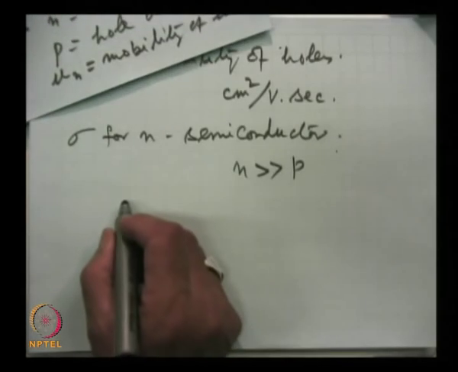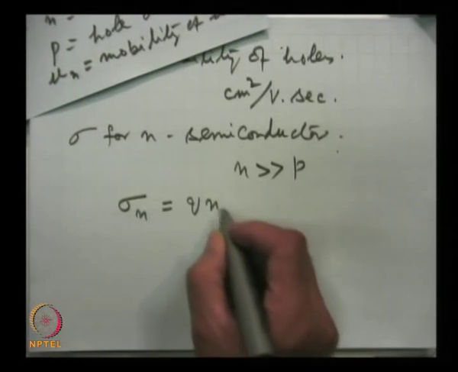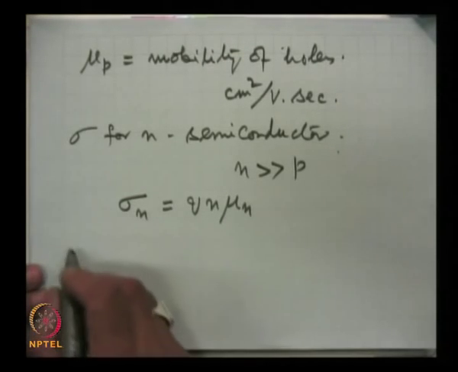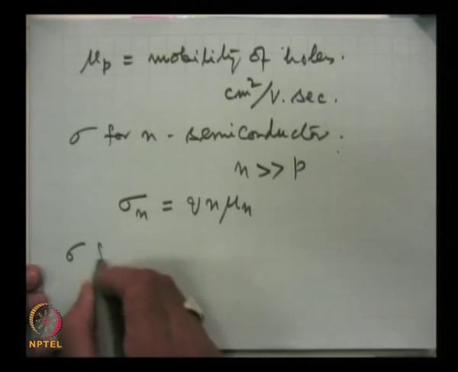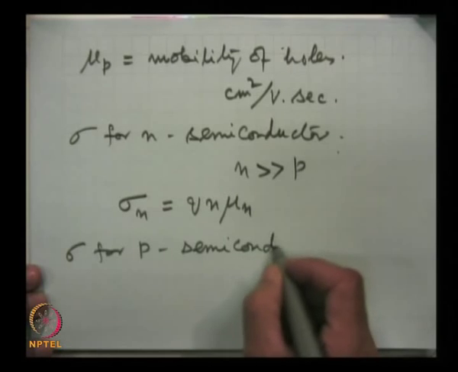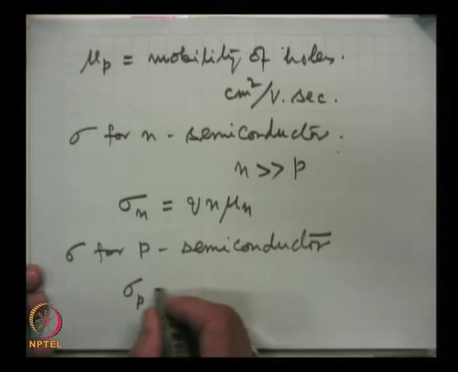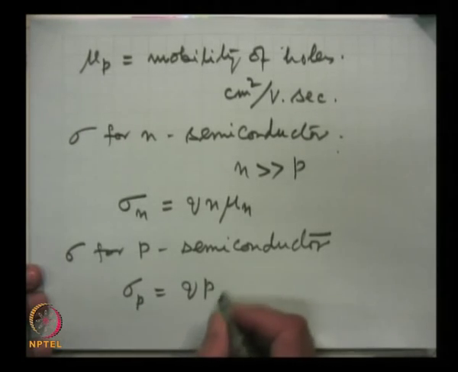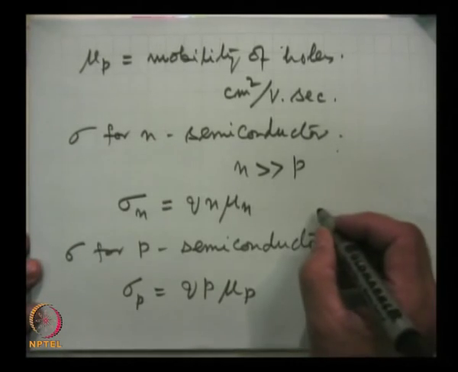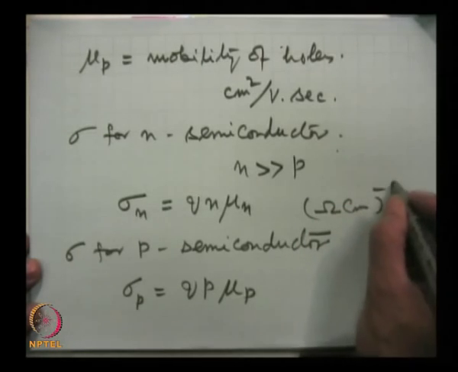So, the conductivity for n type material becomes Q n mu n, and similarly the conductivity for p semiconductor is Q p mu p, and conductivity is expressed in practical units of ohm centimeter inverse.